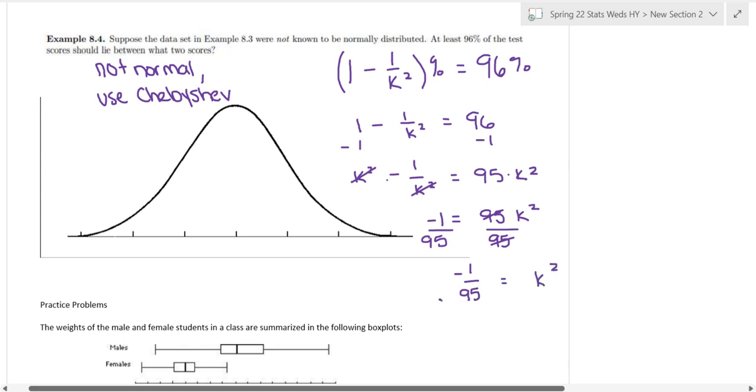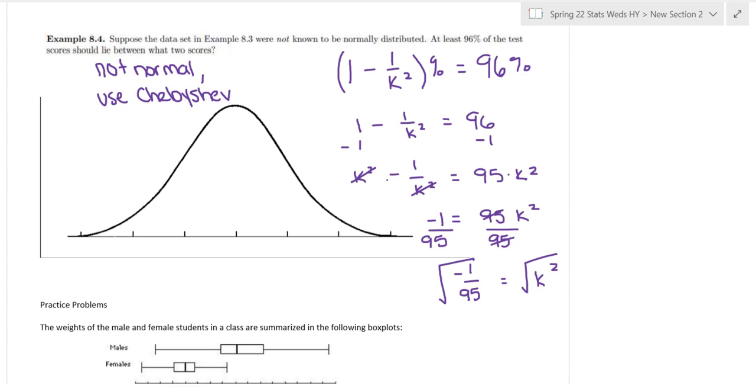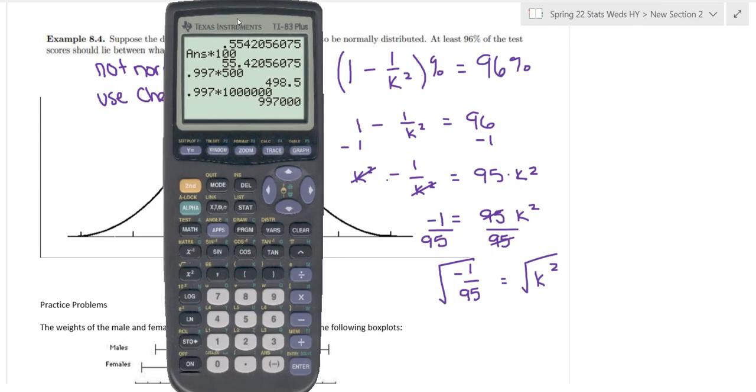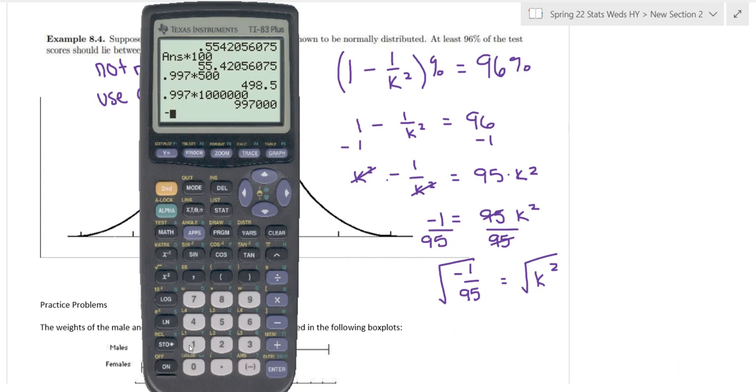And I want k, so I'm going to take the square root. So negative 1 divided by 95, square root of that. This is a negative number. What did I do here?